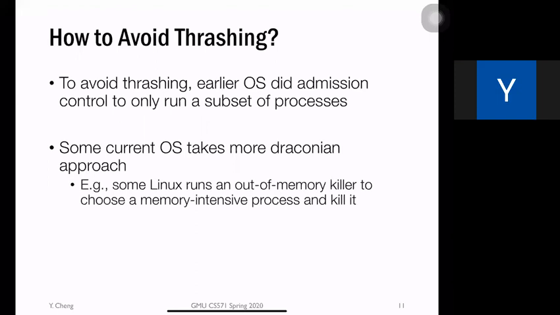Whenever it detects a process is too memory-consuming, for example, a process with severe memory-leaking behavior, it triggers this OOM killer daemon, which kicks in and terminates the execution of this particular program that is currently leaking memory. Okay, so these are two different approaches, proactive versus reactive, to prevent thrashing from happening.